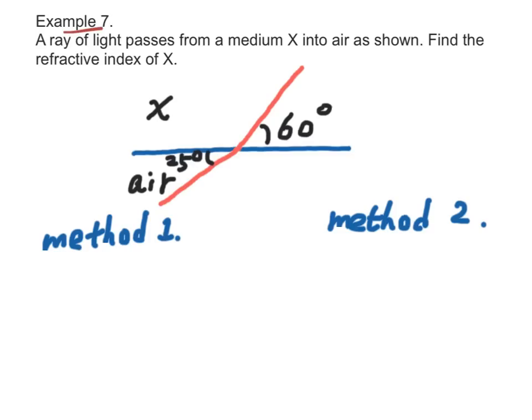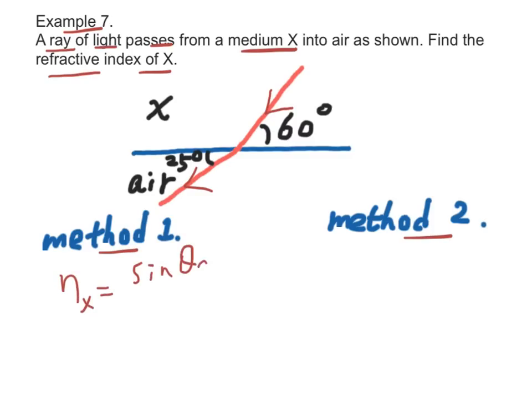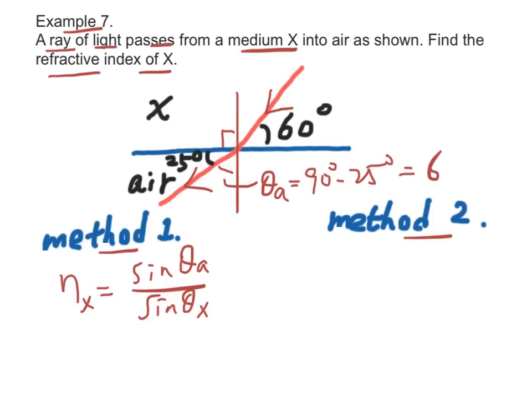Example 7. A wave of light passes from a medium X into air as shown. Find the refractive index of X. We have two methods. Method 1, using n_X equal to sine theta A over sine theta X. By drawing the normal, we see that theta A equal to 90 degrees minus 25 degrees, which is equal to 65 degrees, and theta X equal to 90 degrees minus 60 degrees, which is equal to 30 degrees.